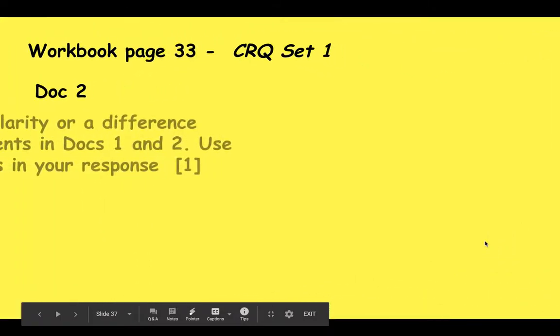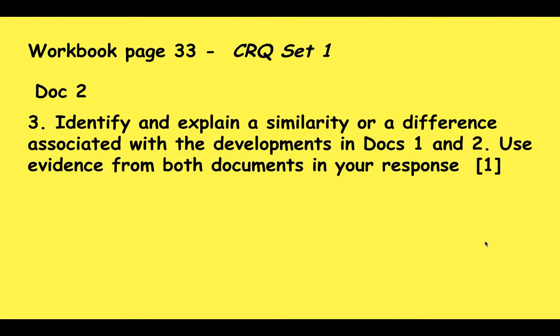We need to look at question 3. This is really the hardest one. It says, identify and explain a similarity or a difference associated with the developments shown in documents 1 and 2. You have to use evidence from both documents in your response. So I want you to stop the video.